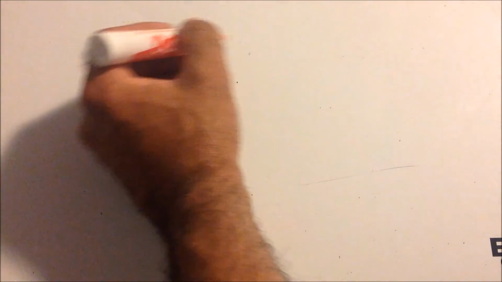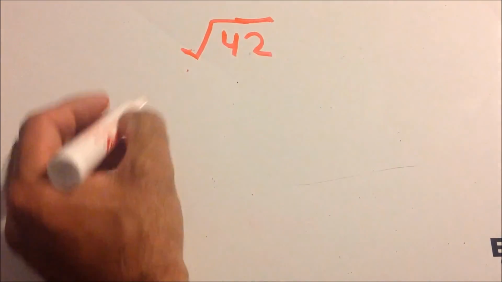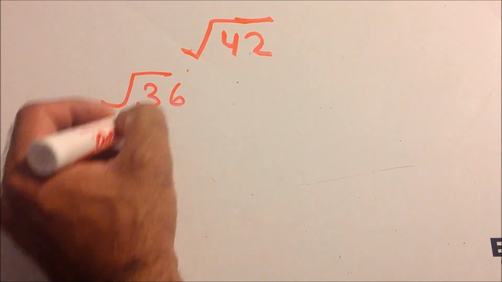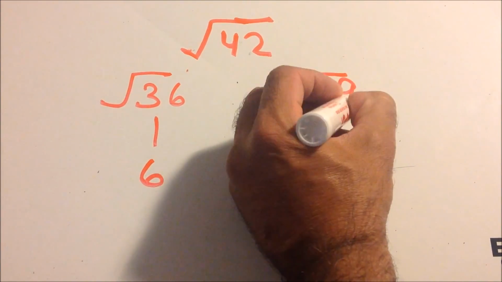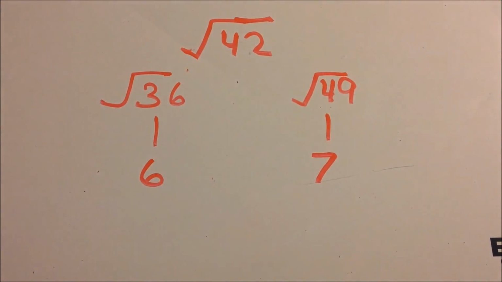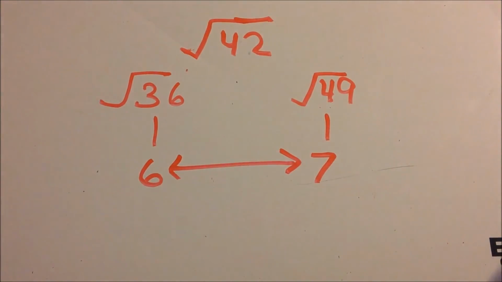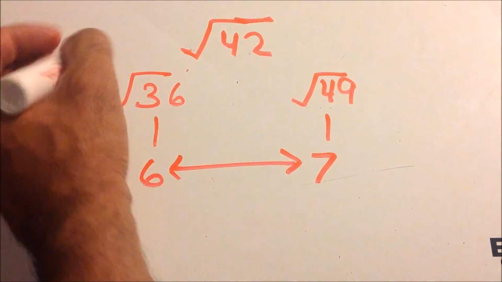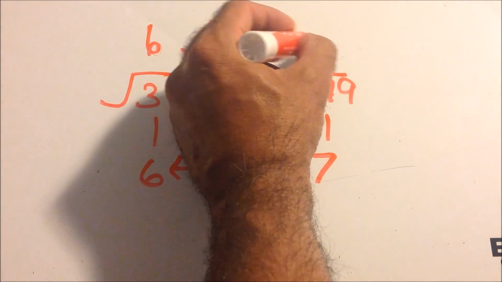Okay, so let's say we had the square root of 42. So we have the square root of 36, we know that's 6, and the square root of 49 we have as 7. So the square root of 42 is between these two numbers. From 36, it's 6 away, and from 49, 7 away.